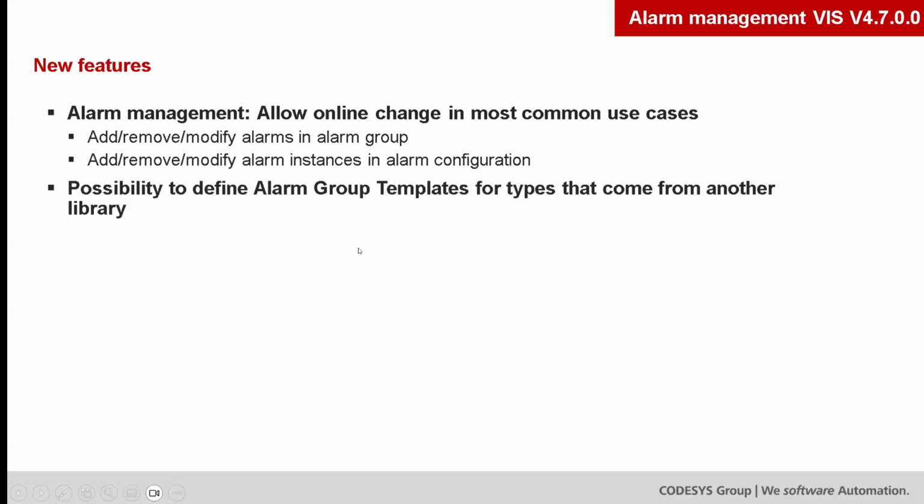For the alarm group templates, we extended the functionality so that you can also use types that come from another library. For example, you have an I/O library, and when the function block of the I/O library has an error member, then you can specify an alarm when the error is not okay, or when an error happened.